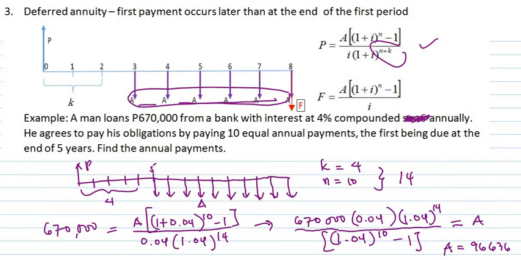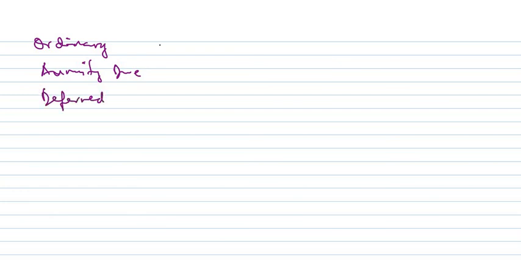So deferred annuity. Again, as a recap, we have the three types of annuity: the ordinary, the annuity due, and the deferred annuity. For ordinary, payments start at the end of each period. For annuity due, payments start at the beginning of each period.